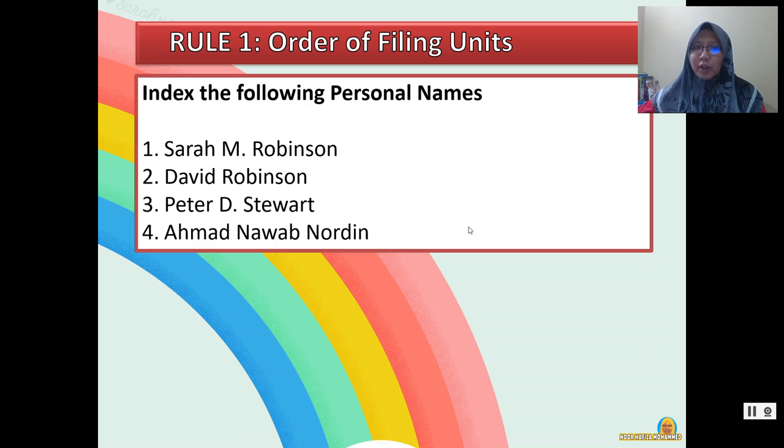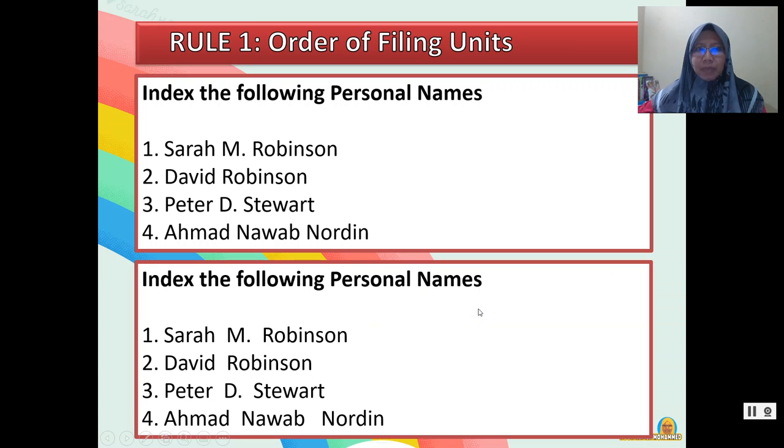So how are we going to do this? We only have 4 filing segments. The first step is to divide the filing segment into filing units. So for Sarah M. Robinson, David Robinson, Peter D. Stewart, and Ahmad Nawab Nordin, let me return back.